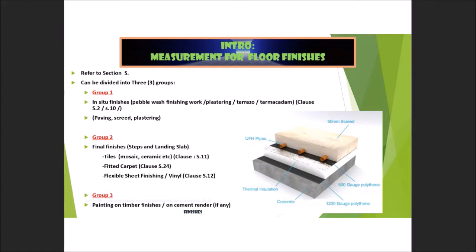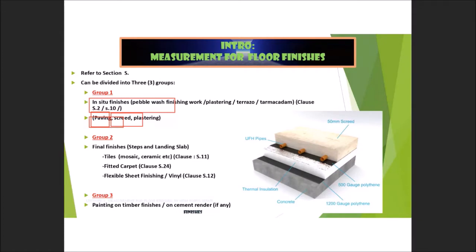We have paving, screed, and plastering. But for the purpose of the floor, normally we only have paving. That is also known as cement render. Screeding to receive something. Sometimes you can see the word cement screed only. So cement screed only also sometimes refers to the paving. Okay, so the name may be similar.